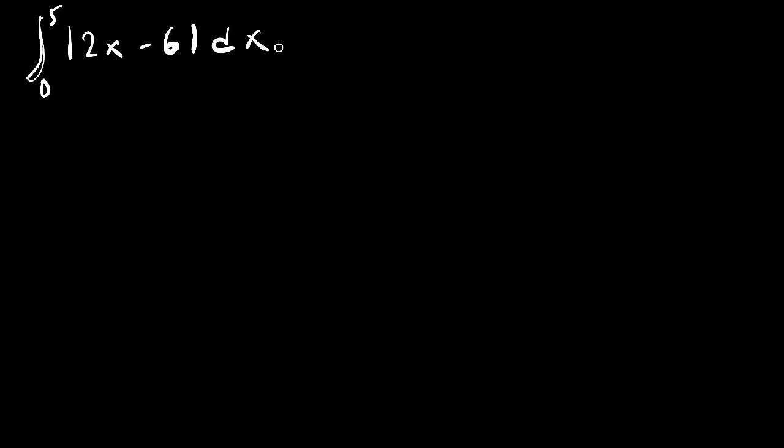In order to do this problem, we're going to revisit the piecewise function. f of x is equal to two functions. One of them will be negative 2x plus 6.